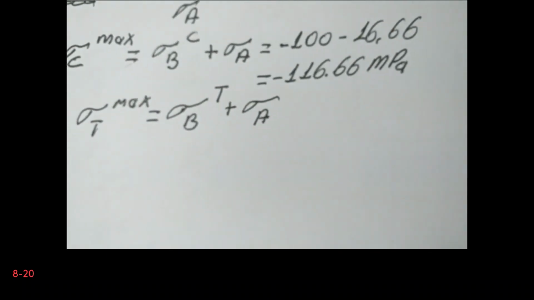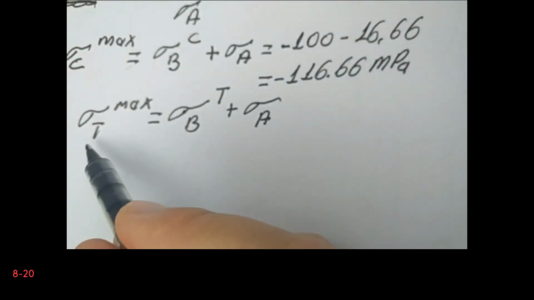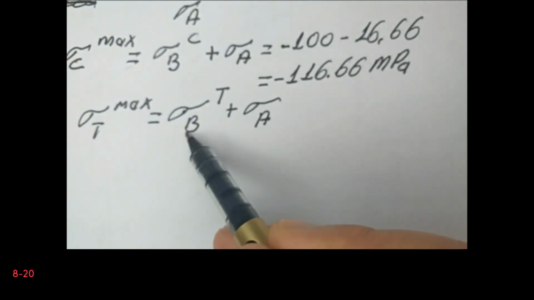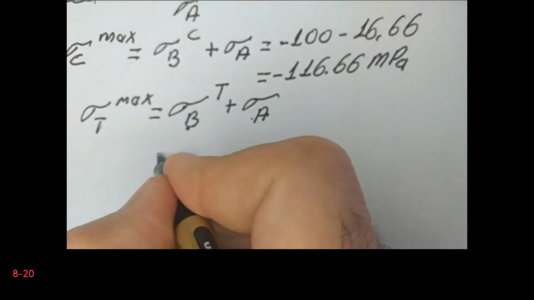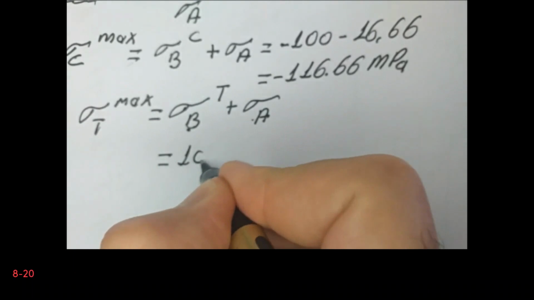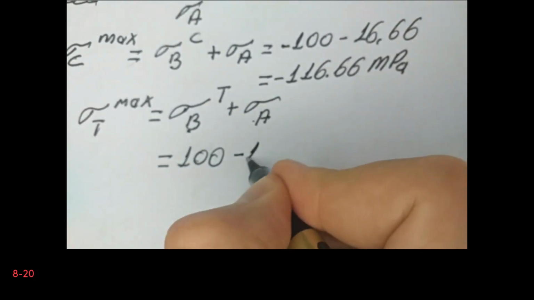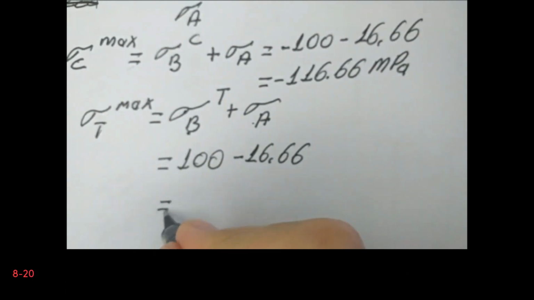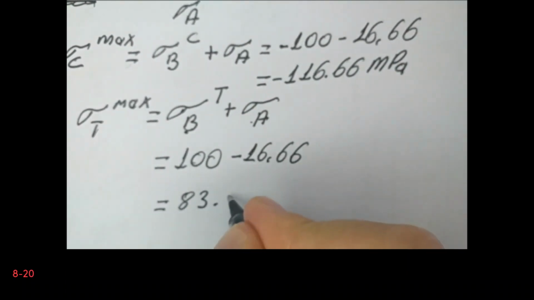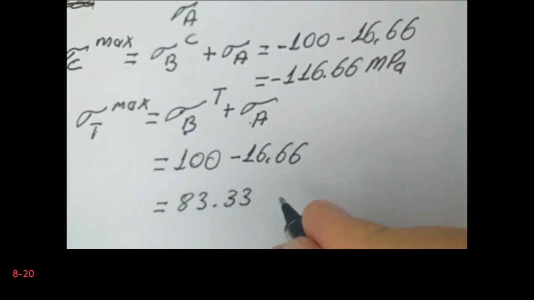So this is 100 minus 16.66, which makes 83.33 megapascals.